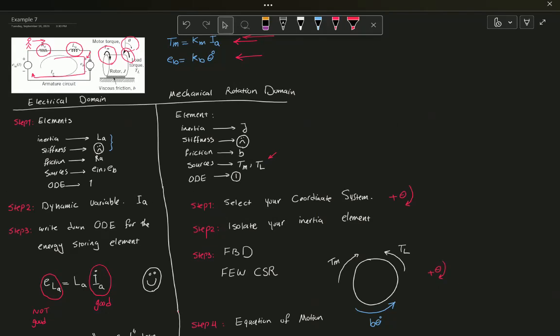We lumped all the resistance in RA, all the inductance in LA, and included the back electromotive voltage. For the mechanical side, we lumped the inertia of the rotor in one inertia element, all the bearings in one viscous friction, and we considered the torque from the DC motor as an external torque. We also considered a little bit of a load torque.